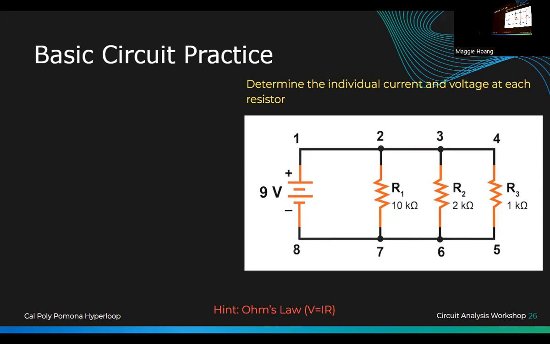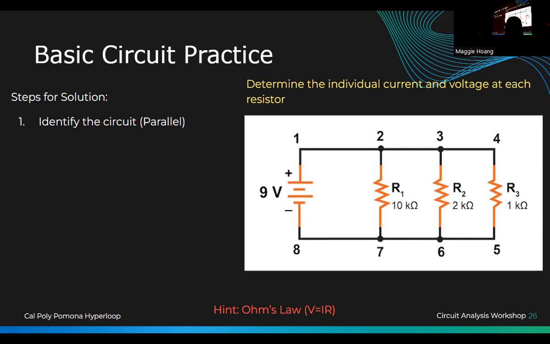You guys need more time? No? Okay. So what type of circuit is this? Yeah, so it's a parallel one. So we first identify, and that means that we can state that at nodes 1, 2, 3, and 4, it's all the same, right?